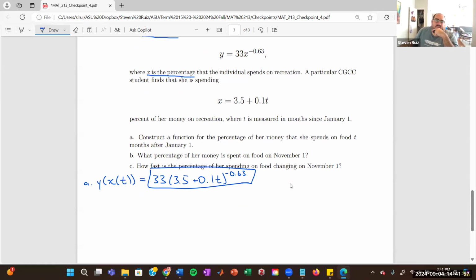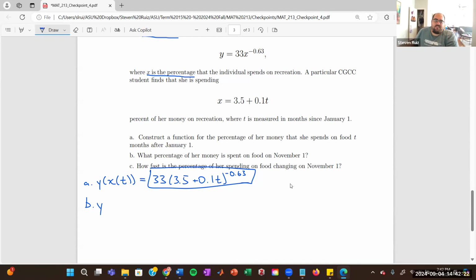One of the things I was hoping to get you all to see is the difference between when I use the given function and when I need a derivative. In this case, I don't need a derivative. I just want to know the percentage of her money she's spending. I'm not looking for the rate of change.